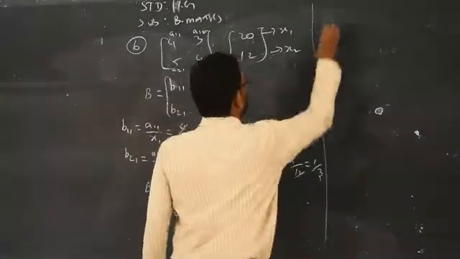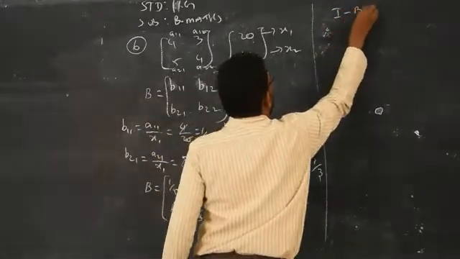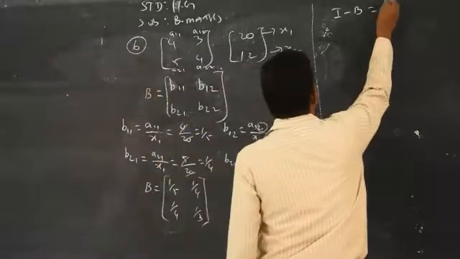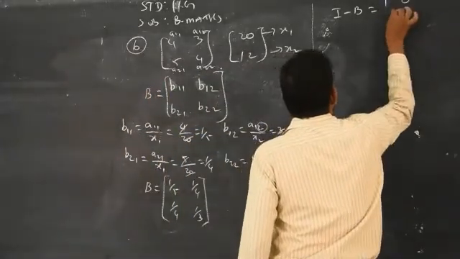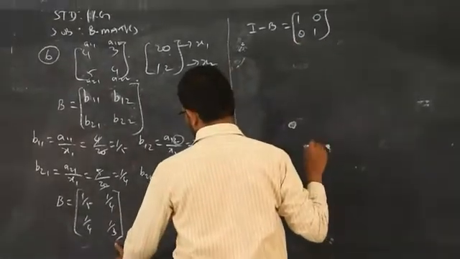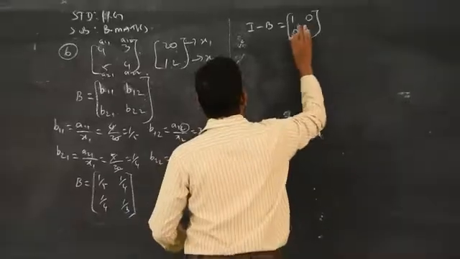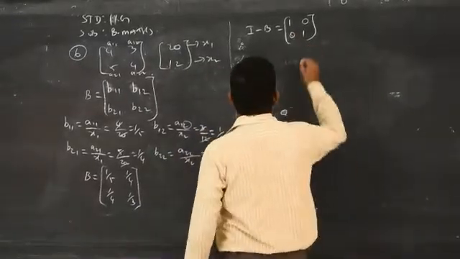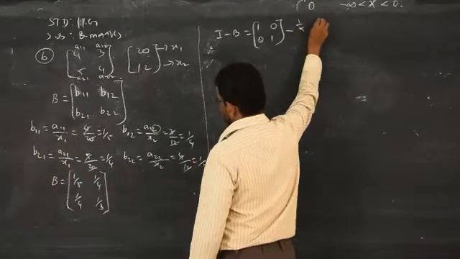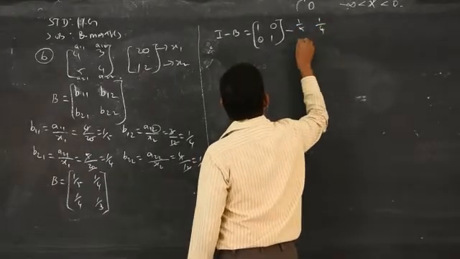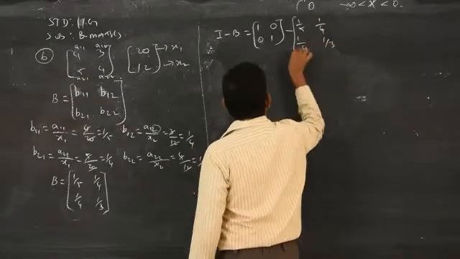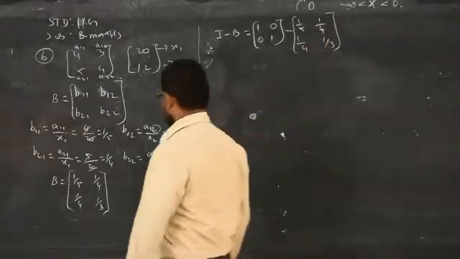You have to find I minus B. What is your I matrix? 1, 0, 0, 1, because it is of order 2 by 2. So you have to take the unit matrix of order 2 by 2, minus 1 by 5, 1 by 4, 1 by 4, 1 by 3. Clear?